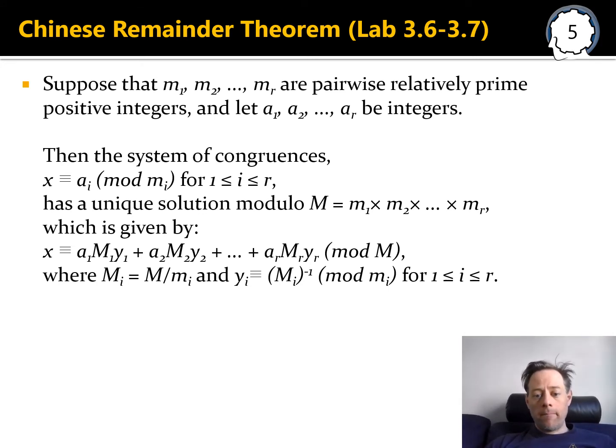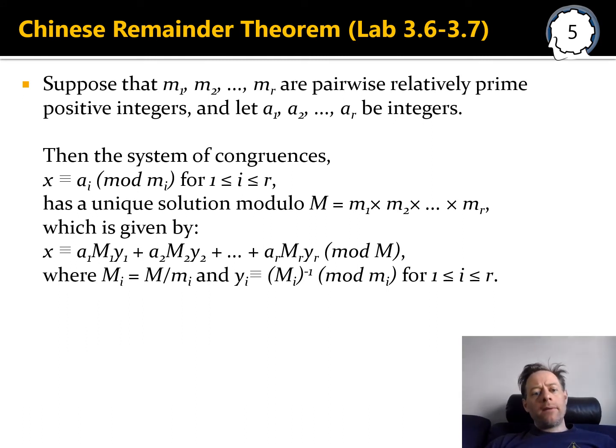And then the inverse of that should be equal to yi. And in the previous slide, we saw exactly how to compute this using the extended Euclidean algorithm. So in order to solve this Chinese remainder theorem, you basically have to compute each of these yi's using the modular inverse.